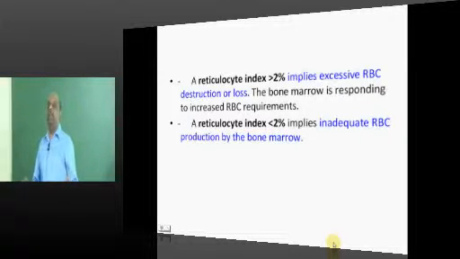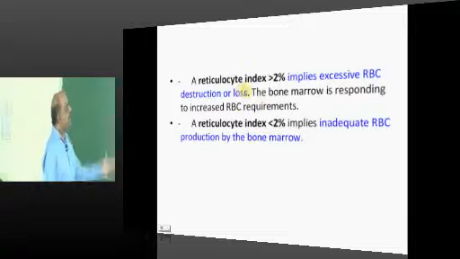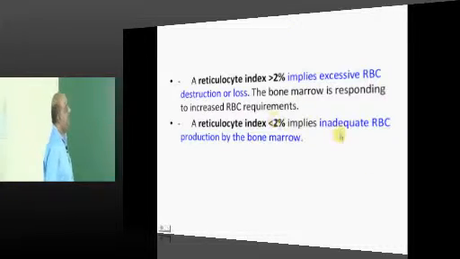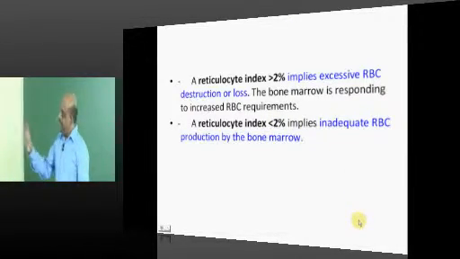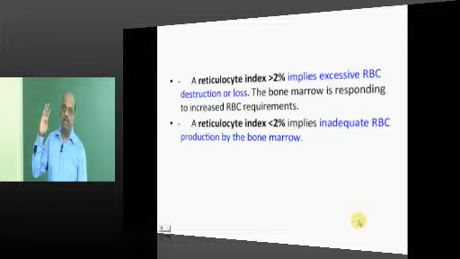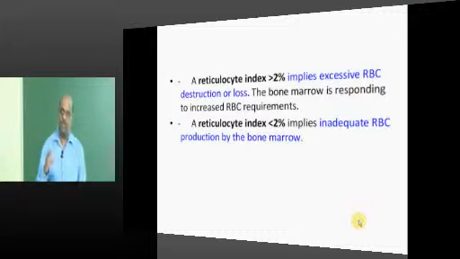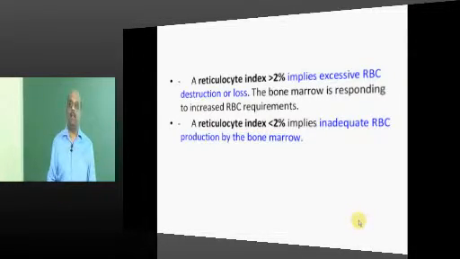What is the importance of reticulocyte count? Somebody is having anemia and his reticulocyte count is more than 2%. What is your inference? It simply means iron is there, folate is there, everything is there, and the RBCs are normally produced, but after being produced, when they are released into circulation, they are being destroyed.